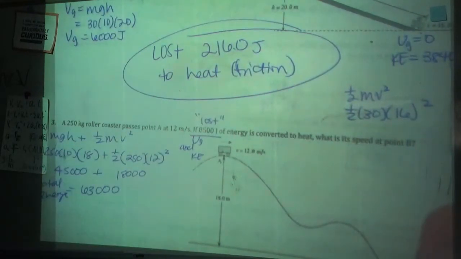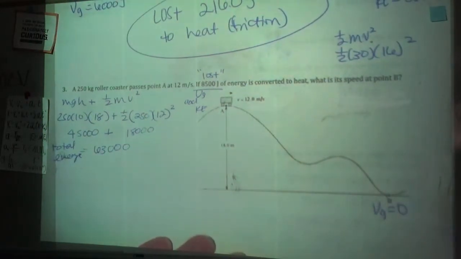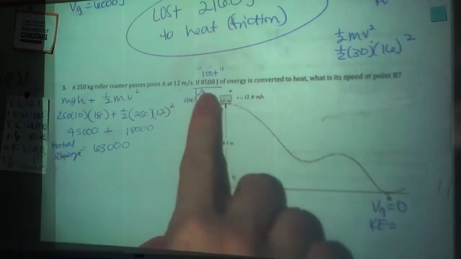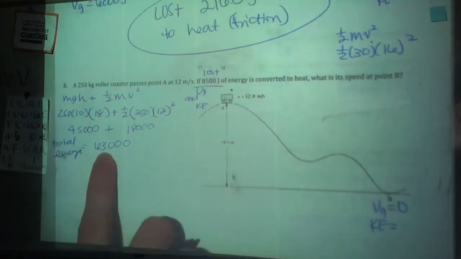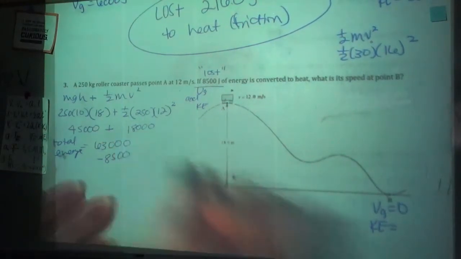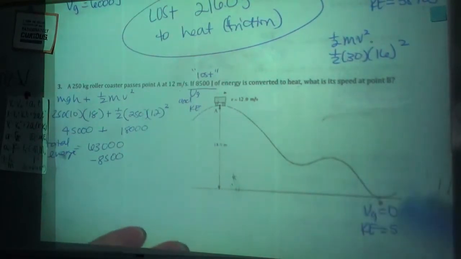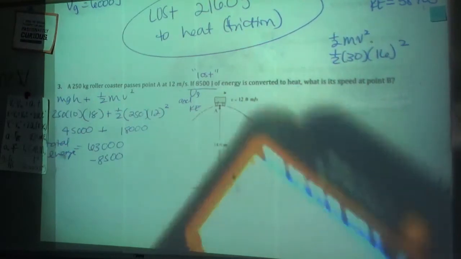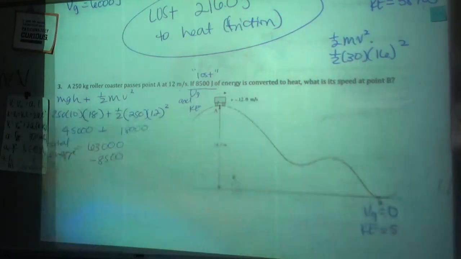Now at point B, all the way on the ground, my gravitational potential energy is 0 because I have no height. Now, if there was no friction, then my kinetic should be just the 63,000, but it said that I lost 8,500 joules to heat, so I take away 8,500. 63,000 minus 8,500, so 54,500 would be my kinetic energy.